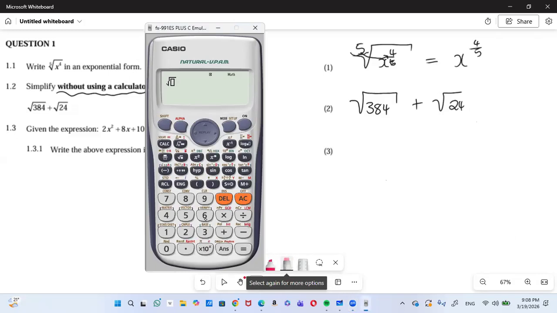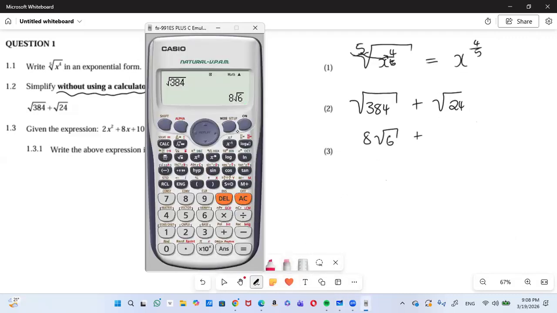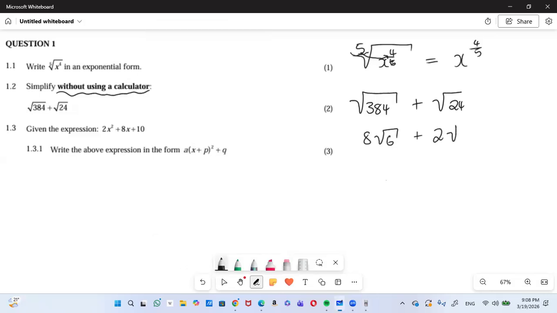Let's check what it gives us. That's what it gives us, 8 square root of 6, right? So now in this place we're going to have 8 square root of 6 plus, and we do the same with the square root of 24. Let's see what this gives us. It gives us 2 square root of 6 as well.